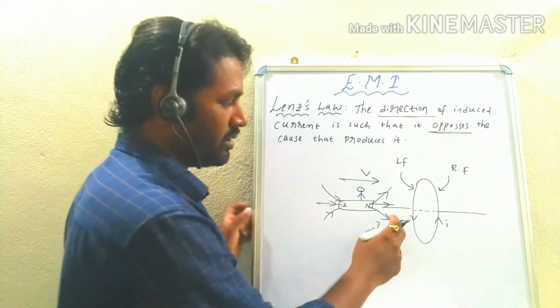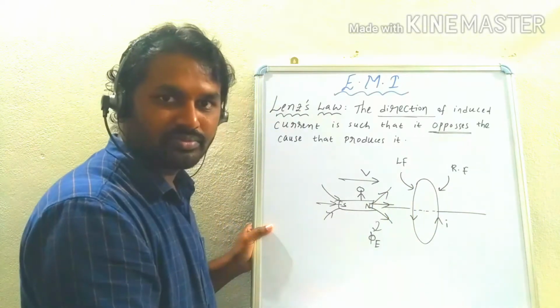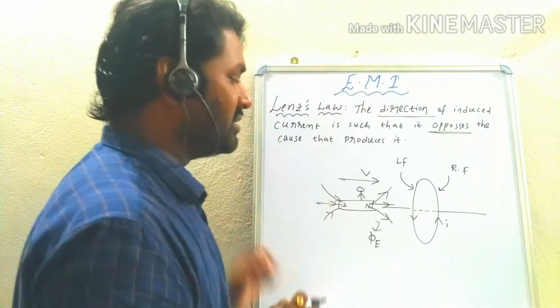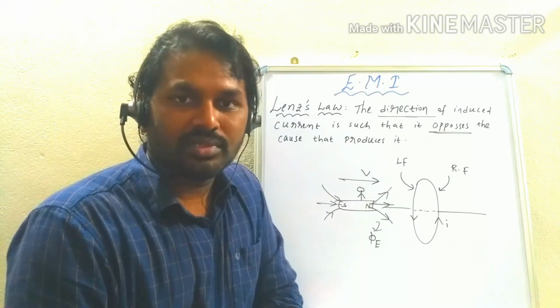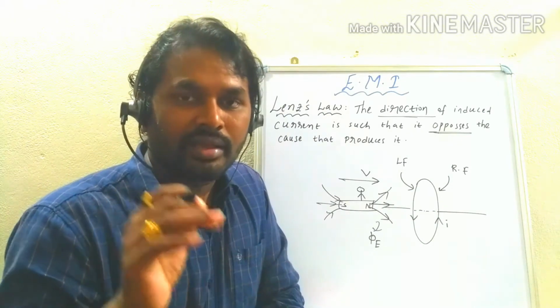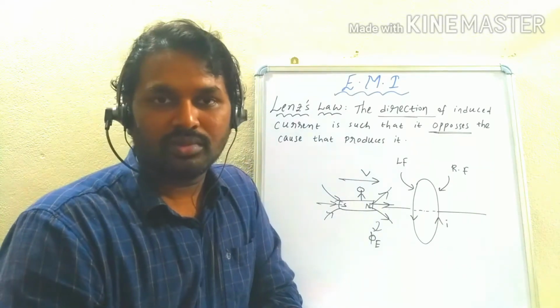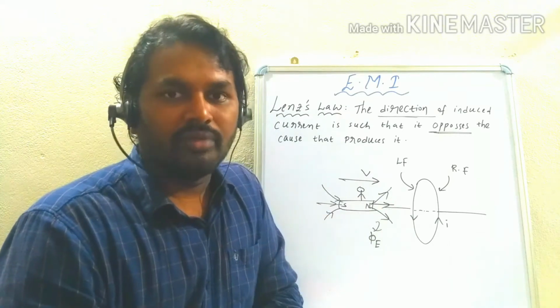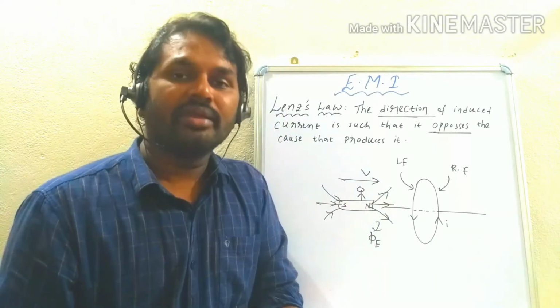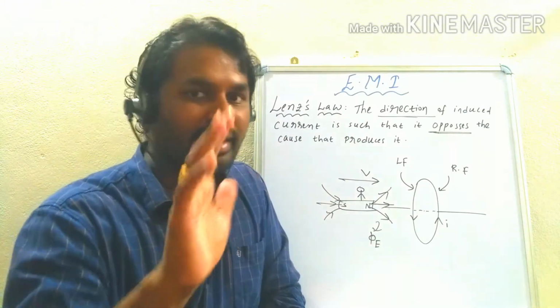You see here, suppose the current is set in the anti-clockwise direction. As you are studying the magnetic effects of electric current, every current-carrying conductor produces a magnetic field around it. If it is a circular current-carrying conductor, the direction of the magnetic field is given by the right hand thumb rule.